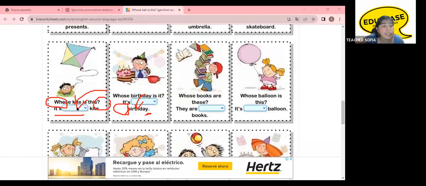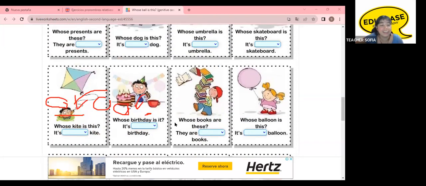Whose birthday is it? Think in English and you won't get confused. Think in the order. Whose books are these? Whose balloon is this? A balloon, excuse me, singular. As you can see, this whose is singular or plural, like who, like whom.